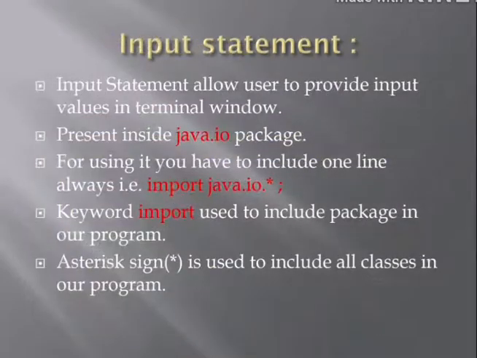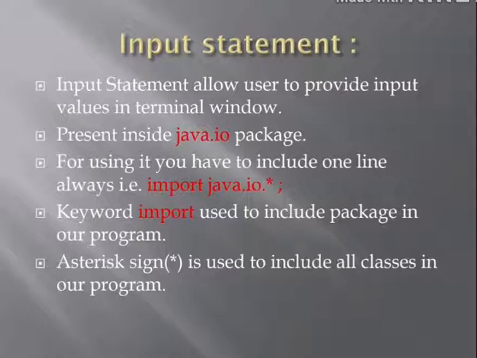See, and now I want to tell you about the input statement. The input statement allows the user to provide input values in the terminal window. I told you, and I had already given you the sample also. And then what you have to remember about it? Whenever you want to use the input statement, it is present in the java.io package.